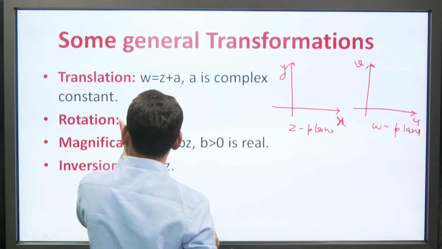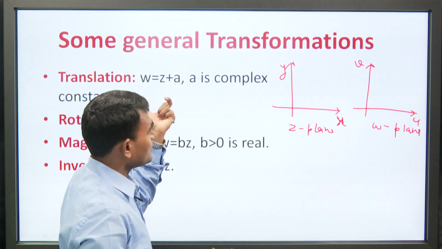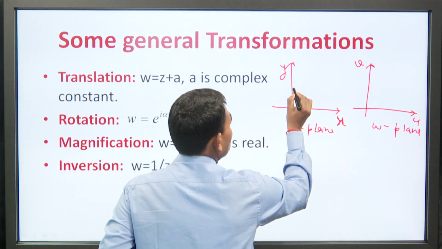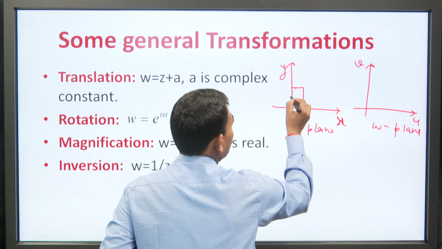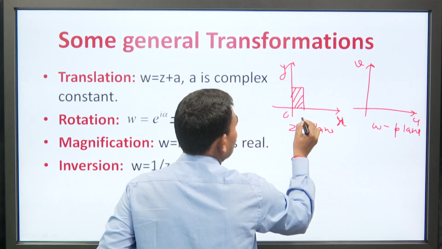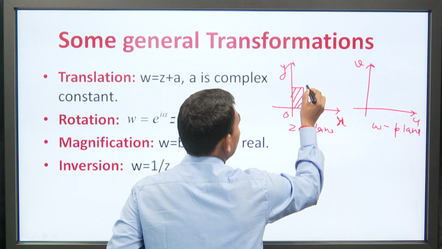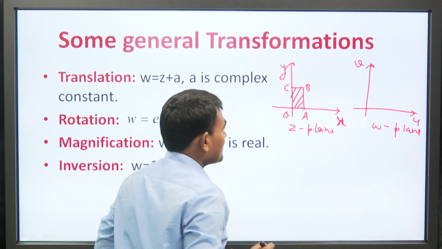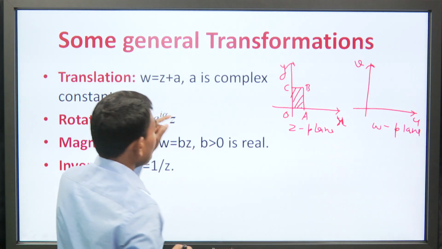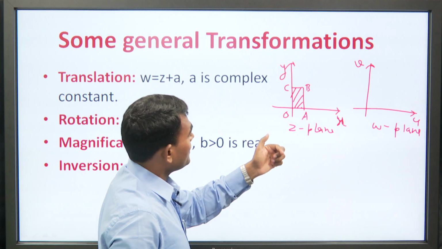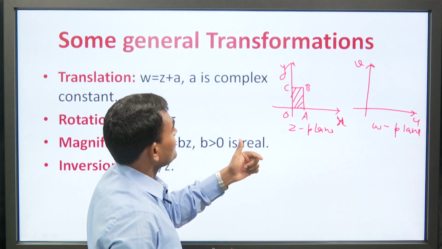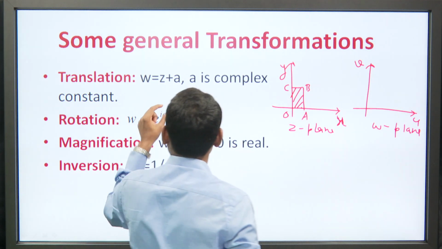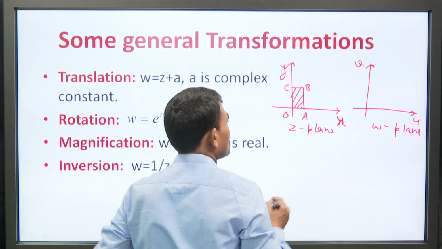Under this transformation, suppose this is a region in the z plane, OABC. Then by this transformation this region will be displaced by a vector A, where A is a complex constant.